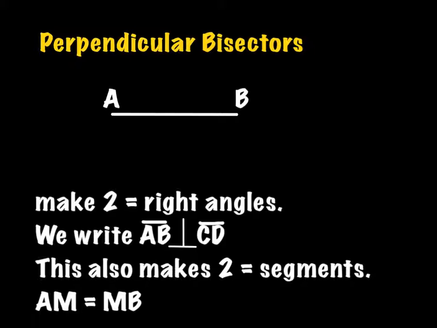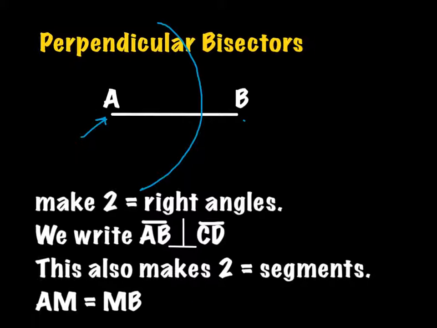We can make a perpendicular bisector by using our compass, and the technique that I've been using in class is telling my students to open your compass more than halfway between the 2 points, the 2 endpoints, and place your compass down on the first endpoint and swing an arc across the segment.